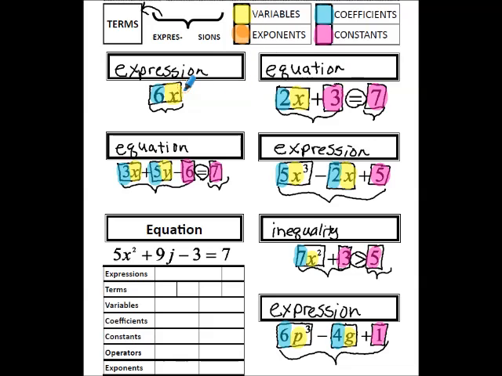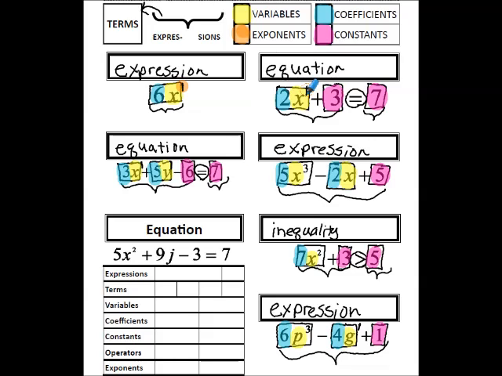Now we can also have an exponent. So every single variable technically has an exponent on it. So if you do not see an exponent, that's because we only have one of those variables. So each of these variables has an exponent of 1 unless another number is written.